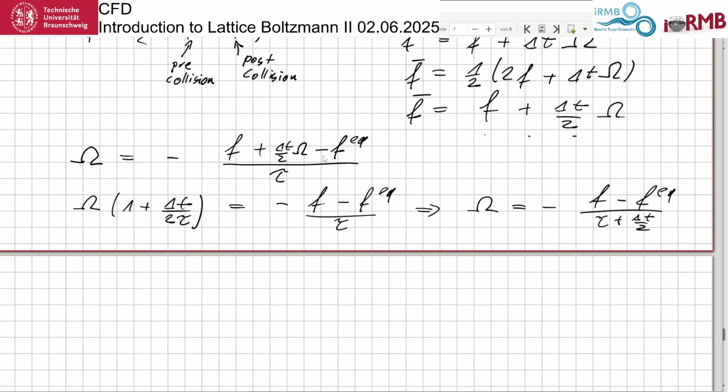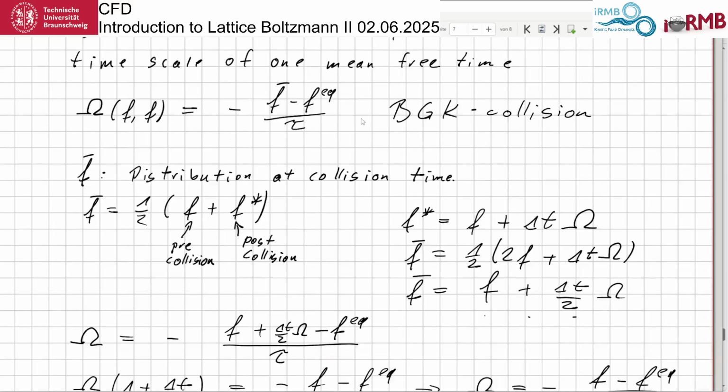The problem would be if we had written this equation up here directly with the f, and we would like to solve the Boltzmann equation.